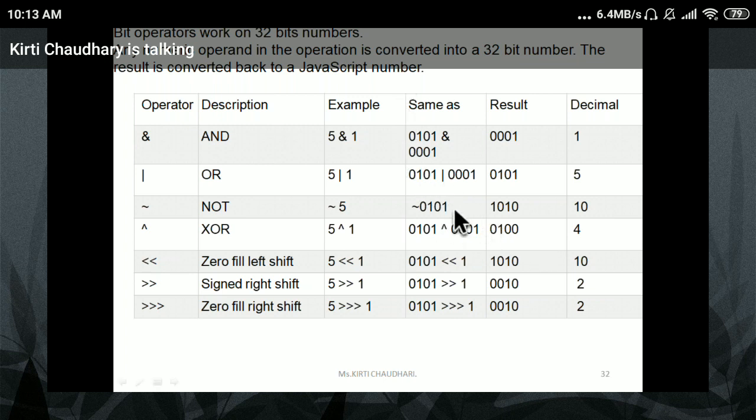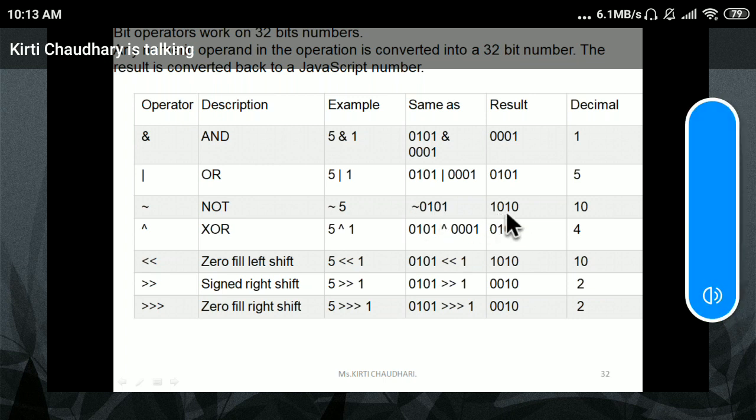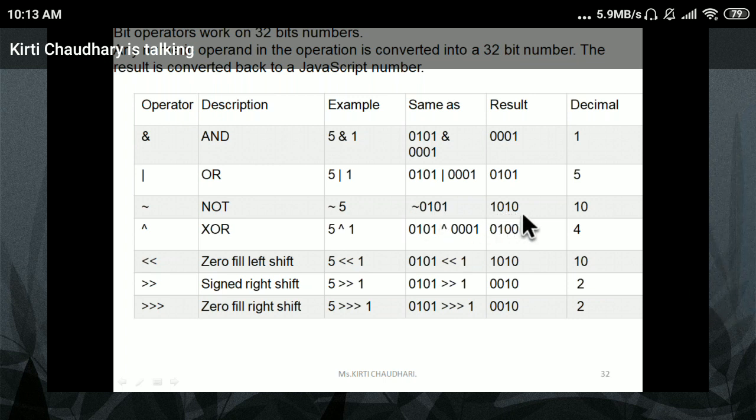First 0 becomes 1, 1 becomes 0, 0 becomes 1, 1 becomes 0. So you will get output 1010, that is 10. Now next one, XOR.